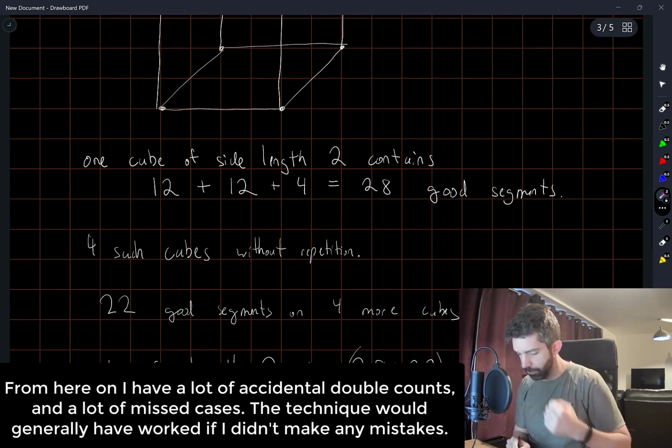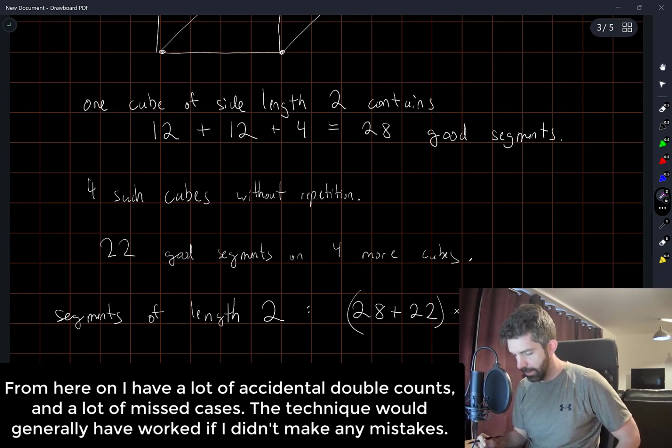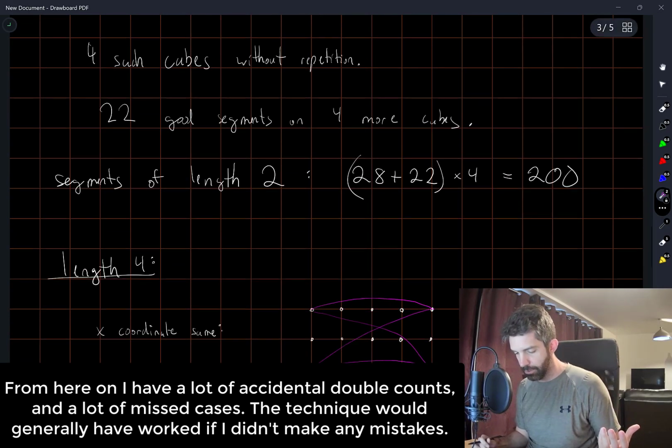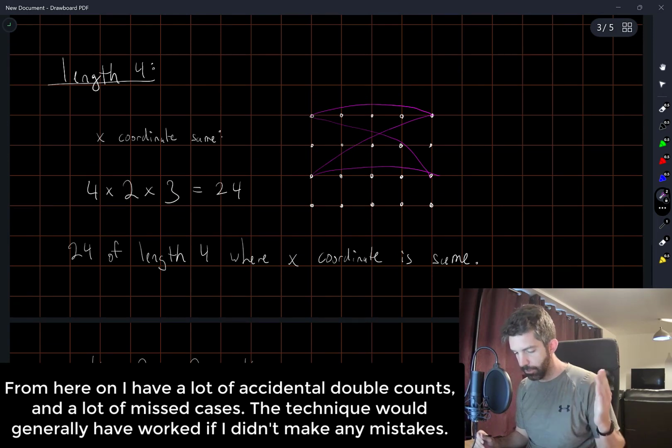So that's why I removed those 6 when I did this. And this should count all of the possible line segments of length 2. And then just do the same thing, a similar counting procedure where you count all the line segments of length 4.